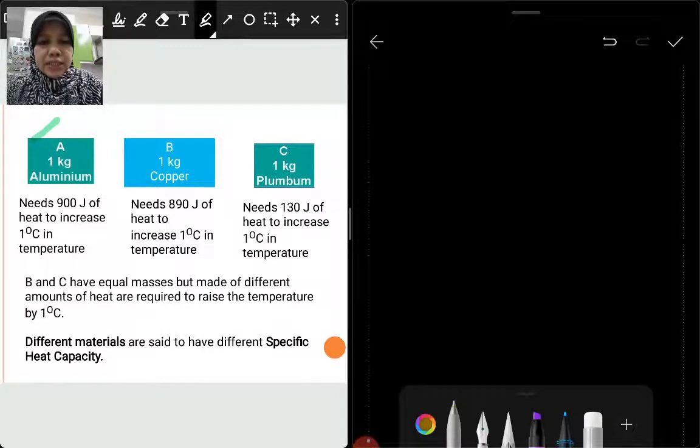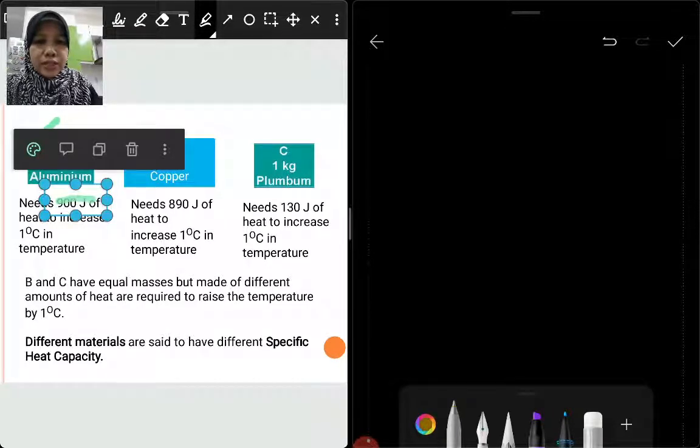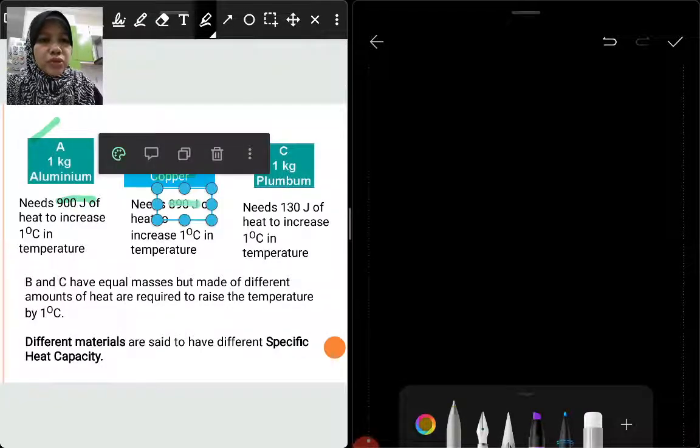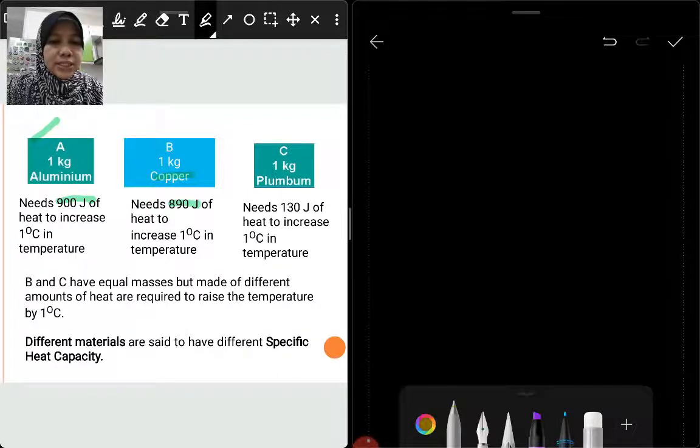Look at the explanation here for A. Aluminium needs 900 joule of heat to increase 1 Celsius degree in temperature. Now look at B. Copper needs 890 joule to increase the temperature by 1 Celsius degree.